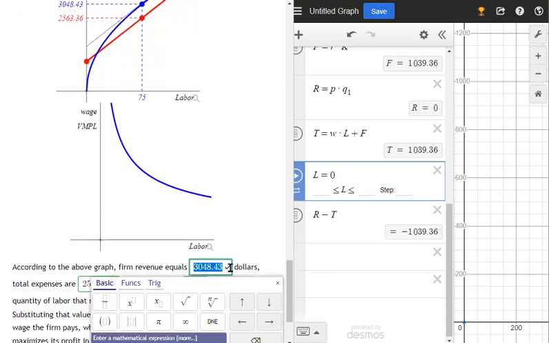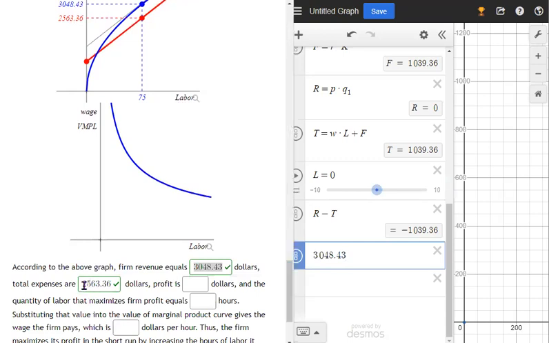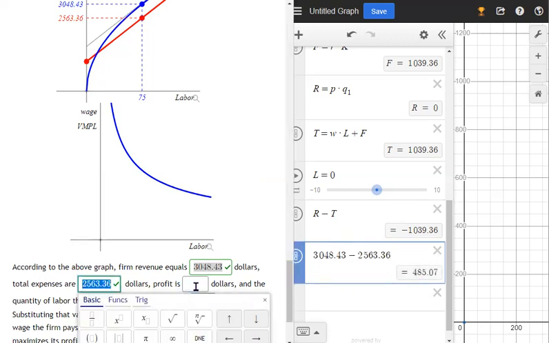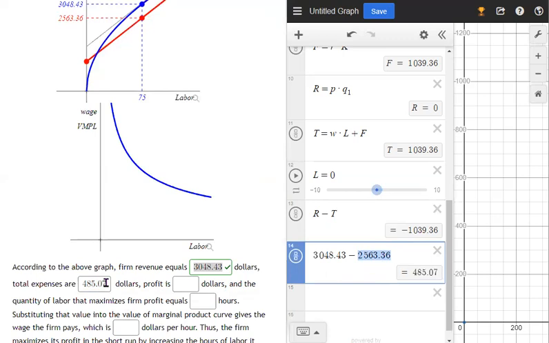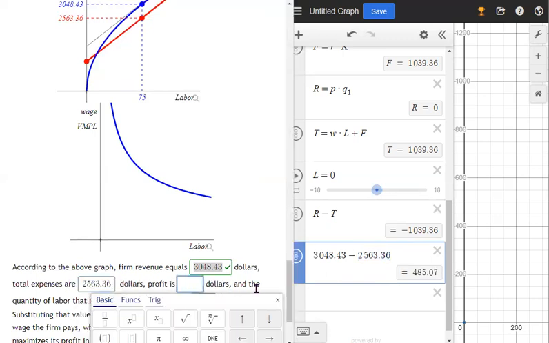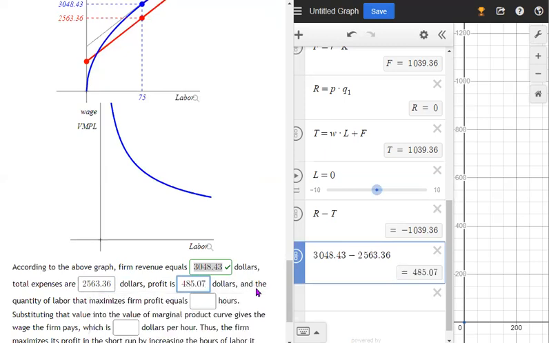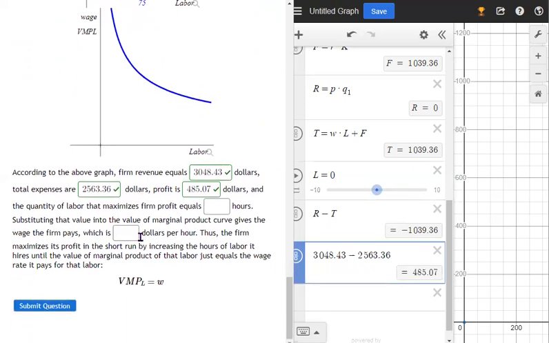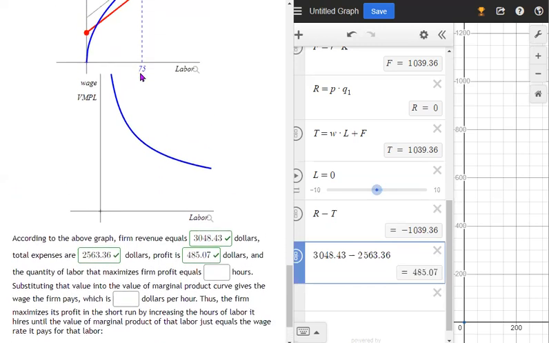Profit is their difference. So the profit is $485.07. I did that in the wrong box again. Profit is $485.07. And the quantity of labor that maximizes firm profit equals 75.